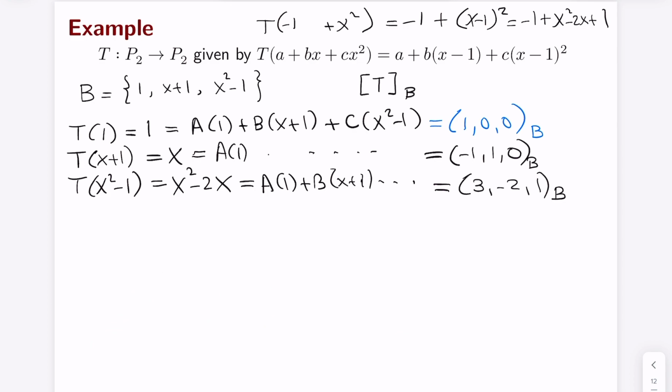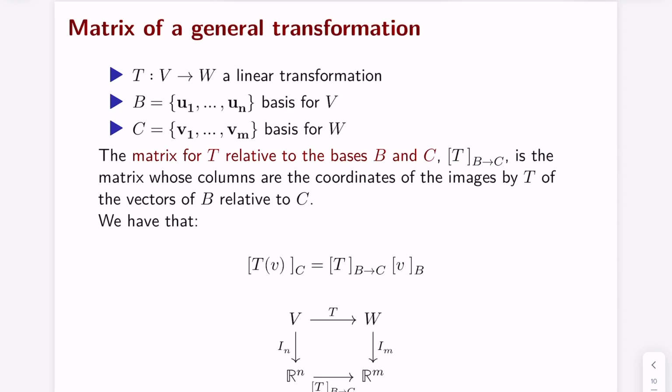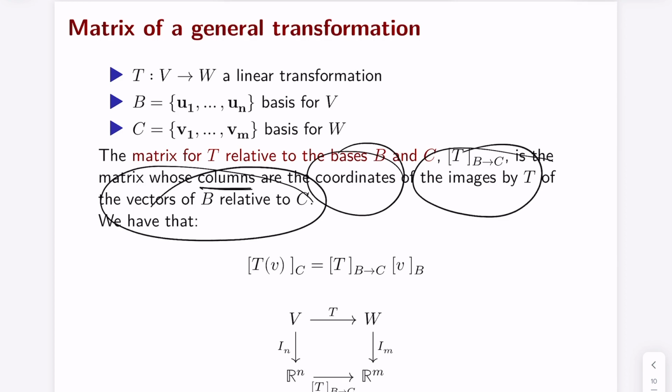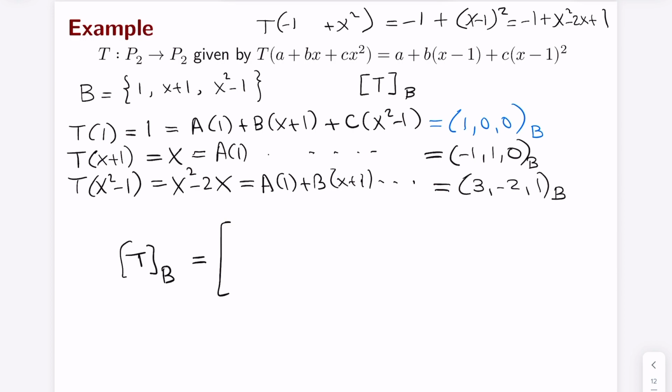By having that, we now have the actual matrix that we were looking for. So the matrix associated to B is going to be just the matrix that has these vectors as columns. As we were saying here, the columns are the coordinates of the images by T of the vectors relative to the base C. And so this is going to be the first vector here, which is 1, 0, 0.